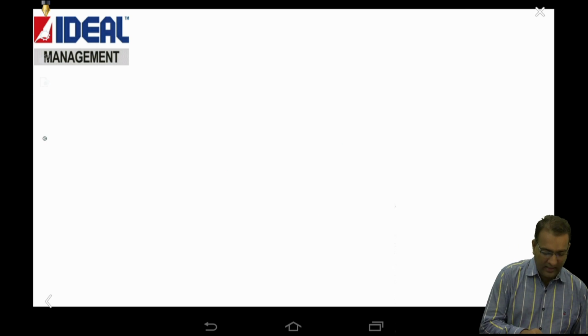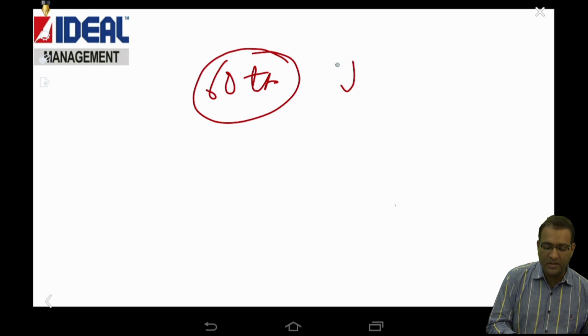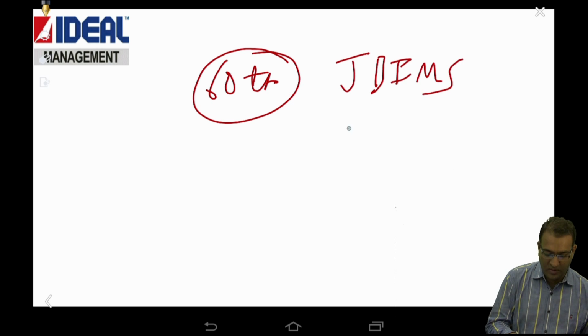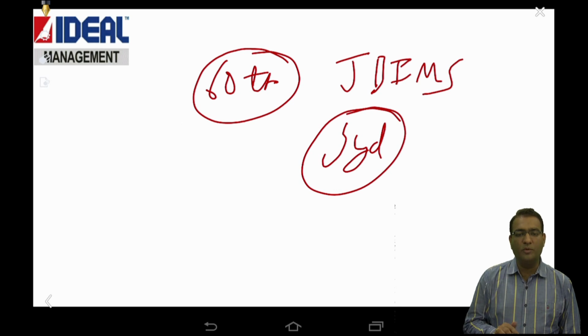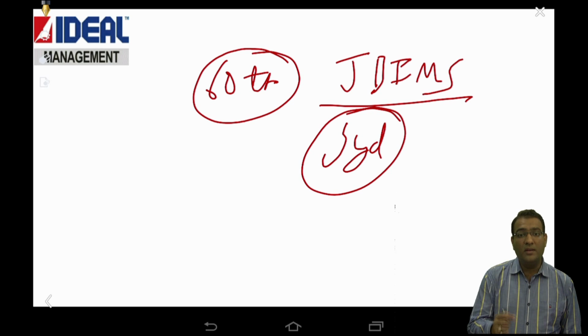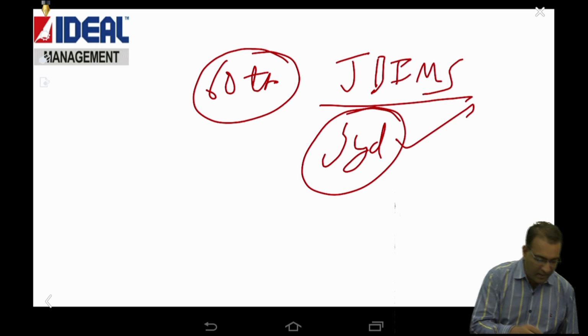Similarly, the system will check the 60th rank. The 60th rank person would have also filled JBIMS as his first option and the second option would be Sydenham. What will the system do? JBIMS seats are already full, but in Sydenham the seats are still left. They will give him the Sydenham seat. Now take for example, the person doesn't fill this seat.